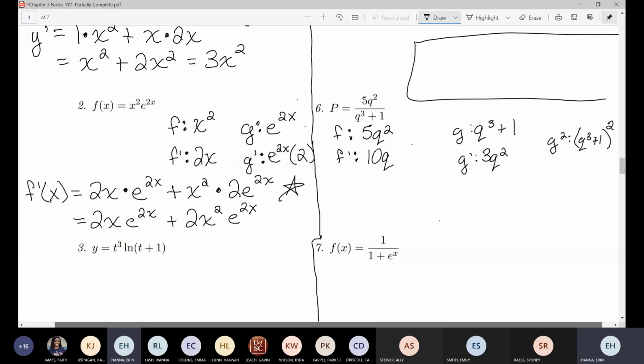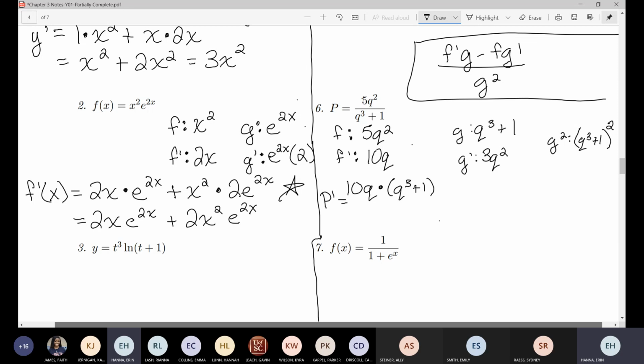So I'll do a little side note up here, just reminding us of what the rule looks like. We've got f prime g minus fg prime all over g squared. So our f prime is 10q times g. If your thing has more than one term in it, if it's got addition or subtraction, put it in parentheses, please and thank you.